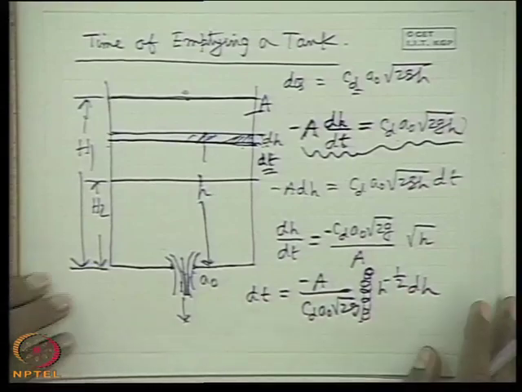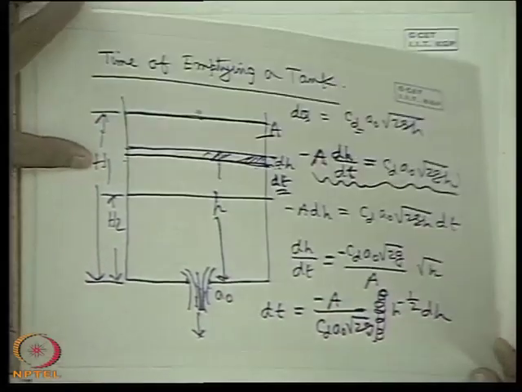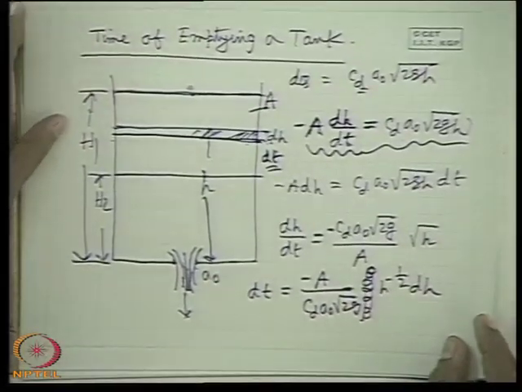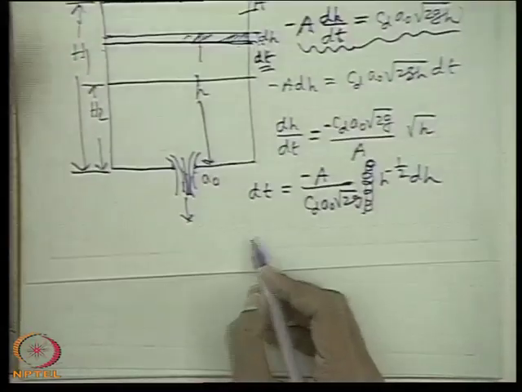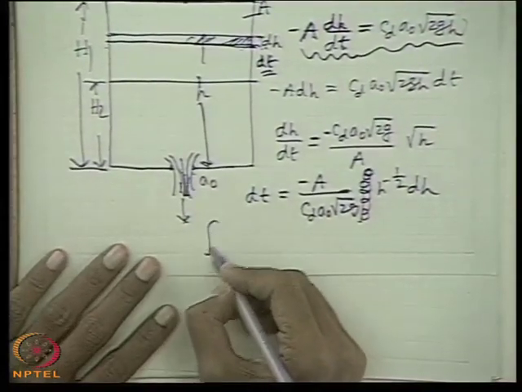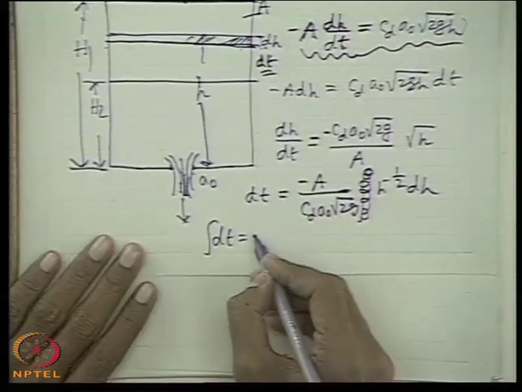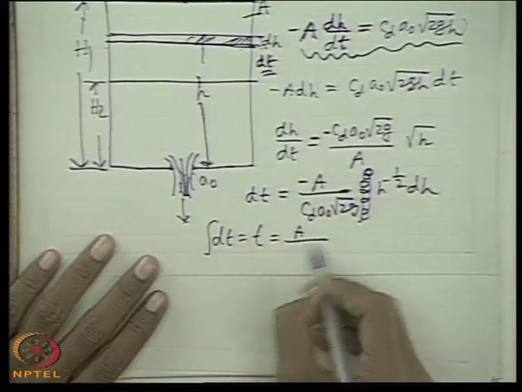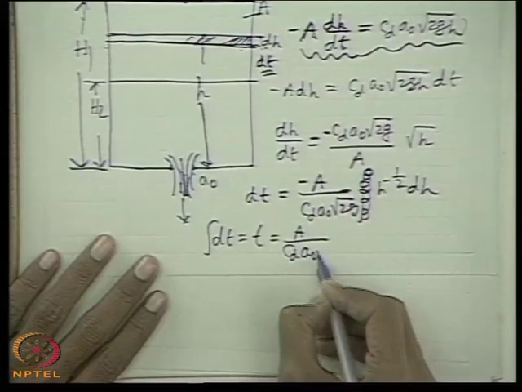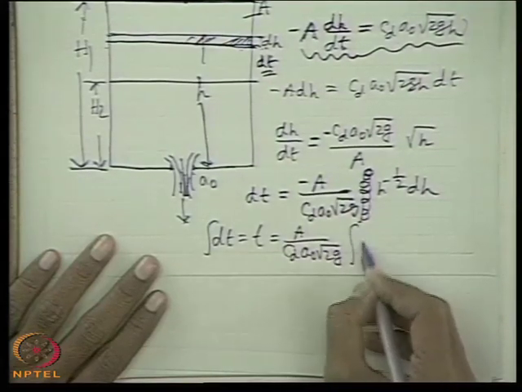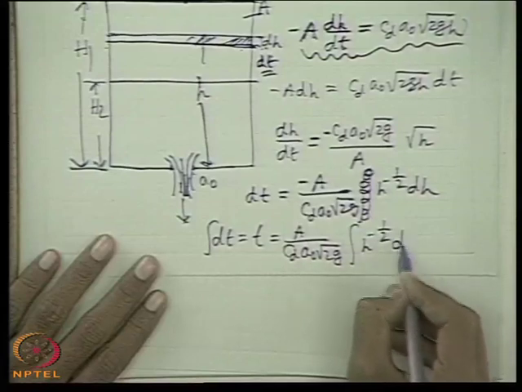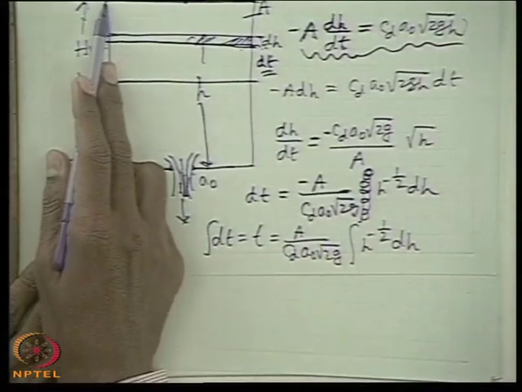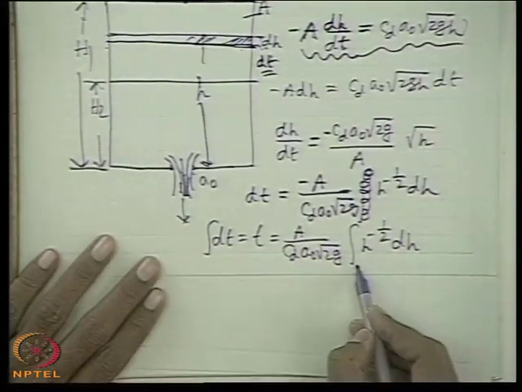Now the time taken for the height to come from h1 to h2 can be written by integrating dt. Let that time be t. Then you integrate this, these are the constants, A by CD A0 root over 2g, integrate h to the power minus half dh from the initial height h1 to h2.